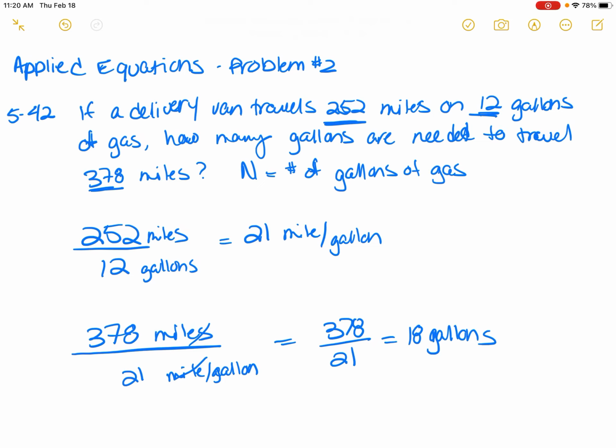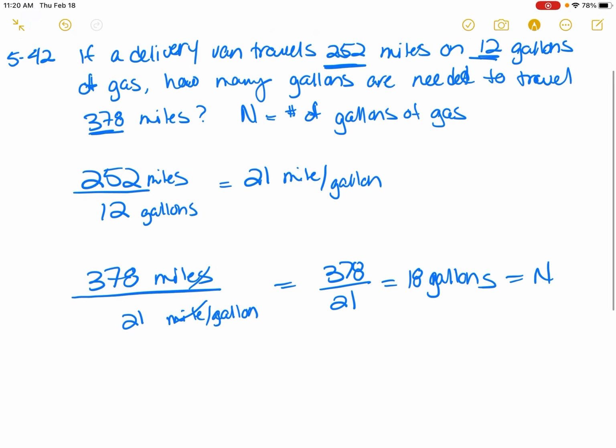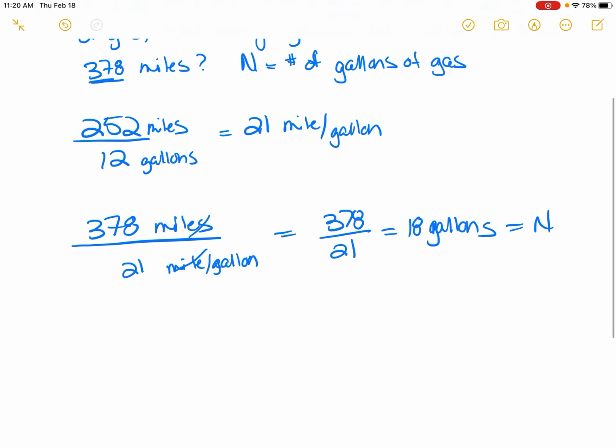And I hope this makes sense to you all. We're solving for the n that equals n. We could do this in terms of proportions, right? And if we did this in terms of proportions, we would say 252 is to 378 what 12 is to n.